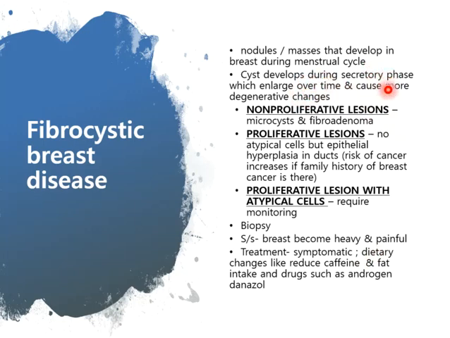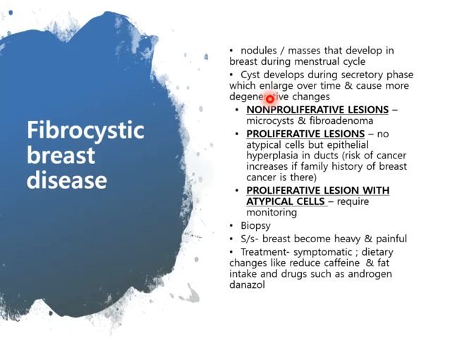A cyst develops during the secretory phase, the secretory phase of the endometrium, remember, of the menstrual cycle. At that time in the breast a cyst may develop, and over time it does not degenerate, so it will cause more degenerative changes.